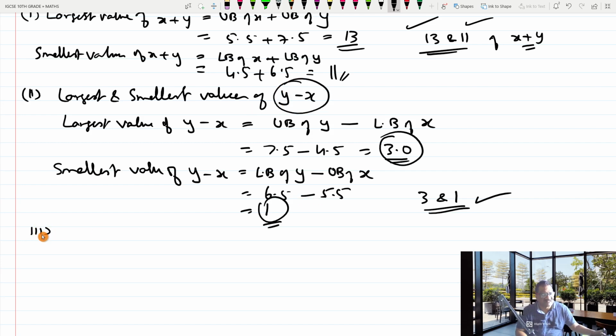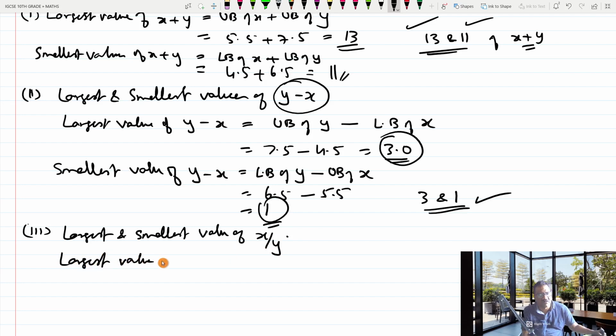The third sub question is you have to find the largest and the smallest value of x upon y. So for the largest value of x upon y, this should be the upper bound of x and this should be the lower bound of y.